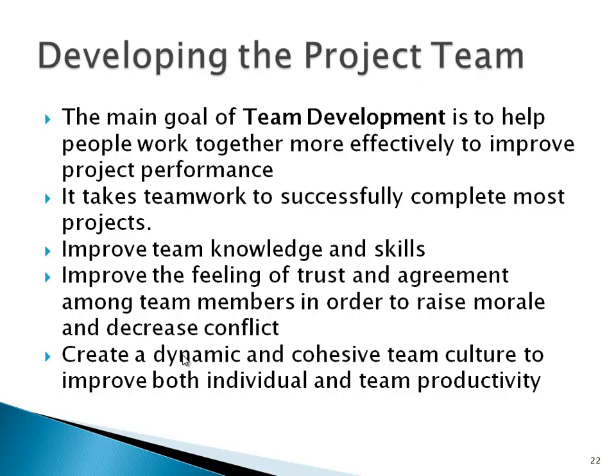The third process is to develop the project team. The main goal is to help people work together more effectively and to improve project performance. It takes teamwork to successfully complete most projects.